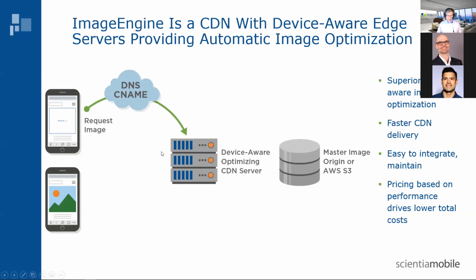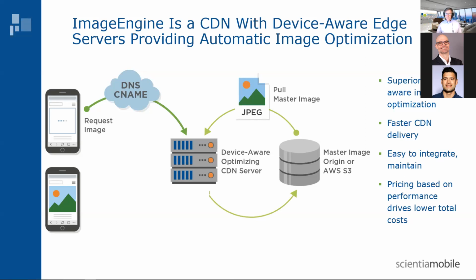And once it hits that edge server, we have to make a decision. We'll check our cache to see if we've already dealt with this image before. And if we haven't, we'll go back to the master image and pull it. And we'll take that master image and tailor it specifically for the requesting device.